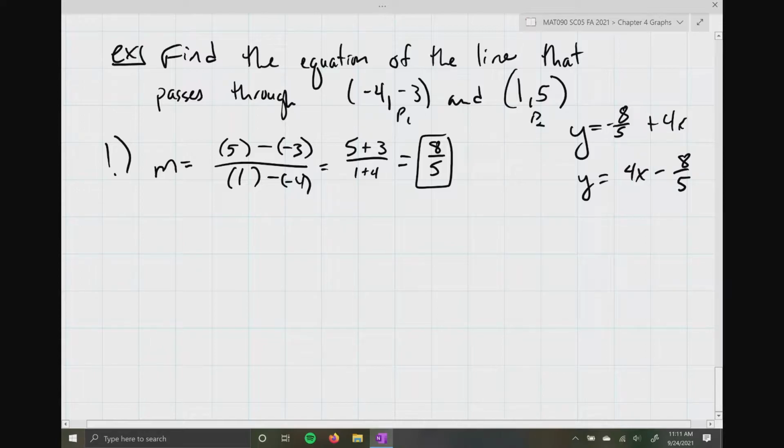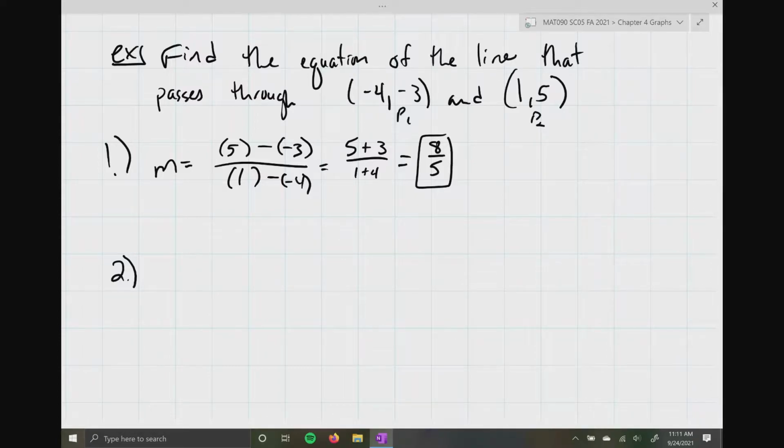Okay? So now step 2. I know what I did wrong. My bad. It is positive 8 over 5. Okay. So now for step 2, what we need to do is pick a point and run with it. In other words, we're going to substitute in for x1, y1. It doesn't matter what point you pick. So what I'm going to do is write the equation first with my slope.